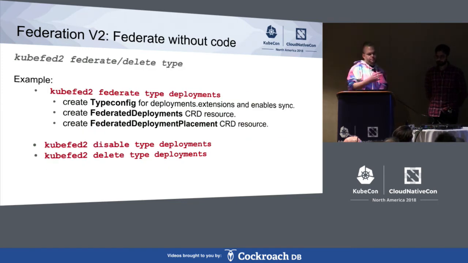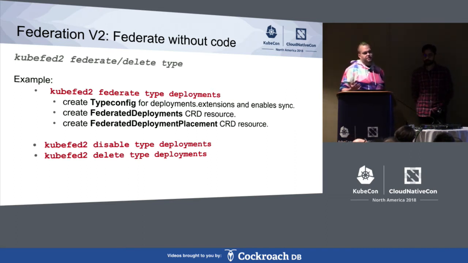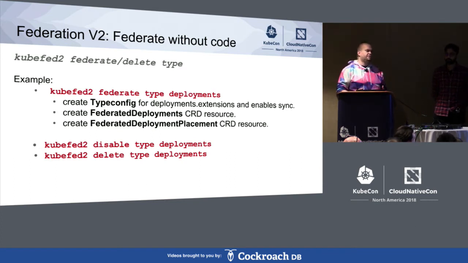Now, we've said multiple times how we're not writing any code to do this. Well, we don't want to have to write all this YAML either. So what we've done to enable that is the kubefed2 federate type command. This creates the federated type config and generates the Federation APIs.